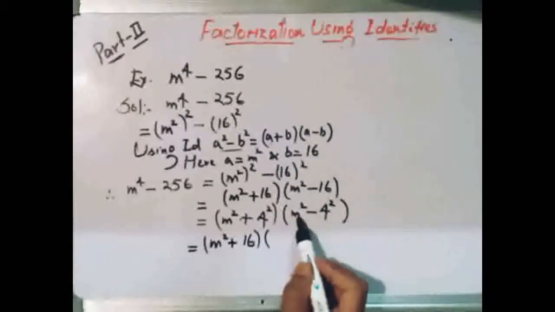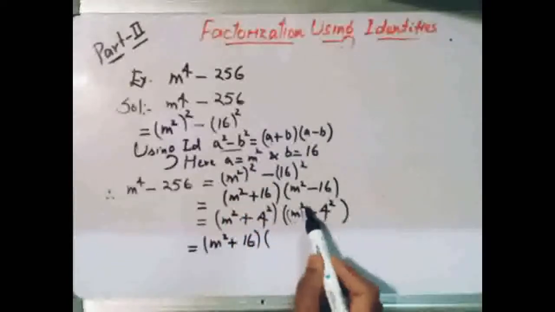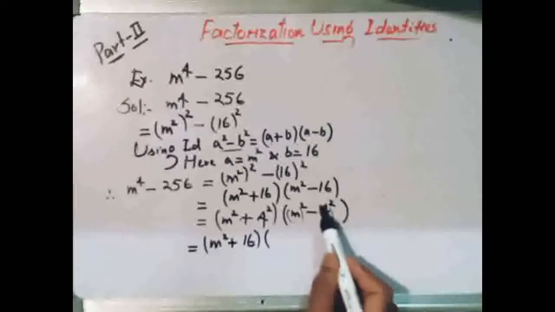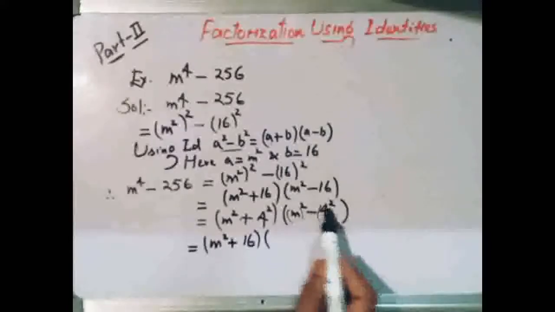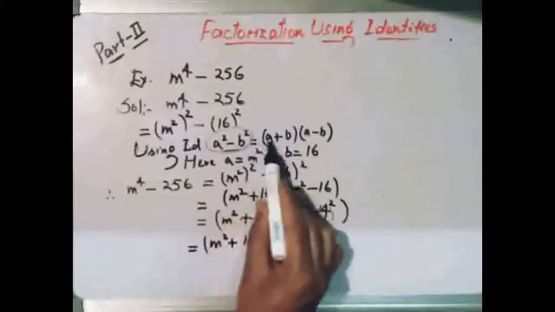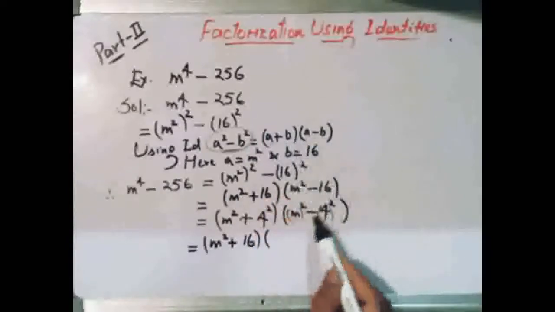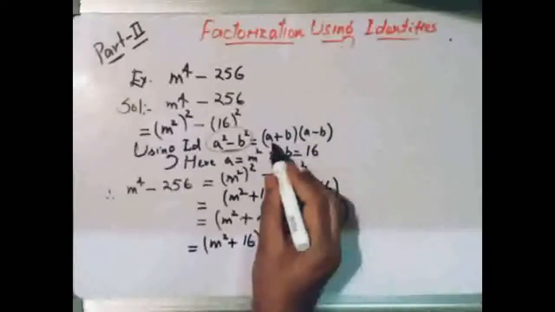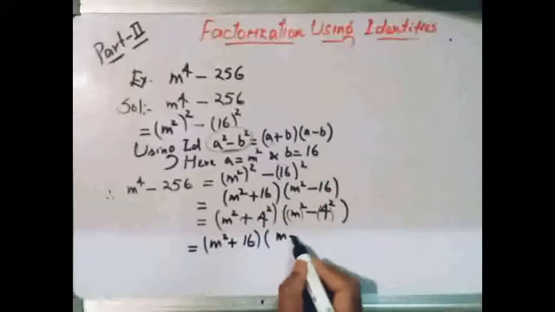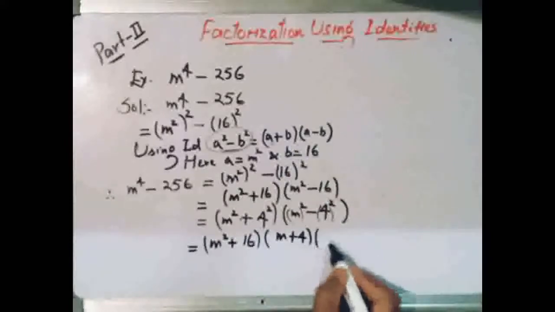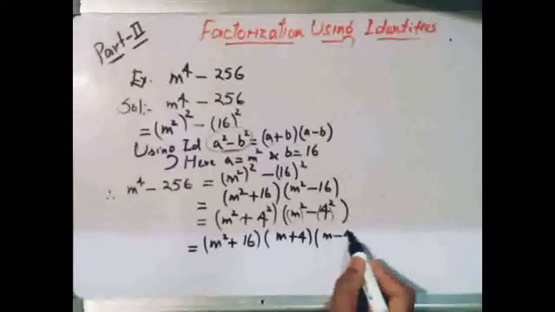Here a is equal to m, only m, because this is m square, and b is equal to 4. A square minus b square means this part, it will be equal to the RHS. So this will be put like this: a plus b is m plus 4, into m minus 4.